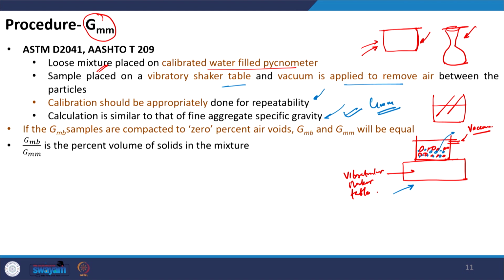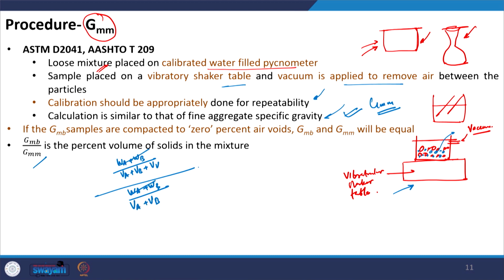Now, talking about their importance, the ratio of GMB by GMM is the percentage volume of solids in the mixture, which is very obvious. GMB is the weight of aggregate plus weight of bitumen by the volume of aggregate plus volume of bitumen plus volume of voids. GMM is the weight of aggregate plus weight of bitumen divided by the volume of aggregate plus volume of bitumen.